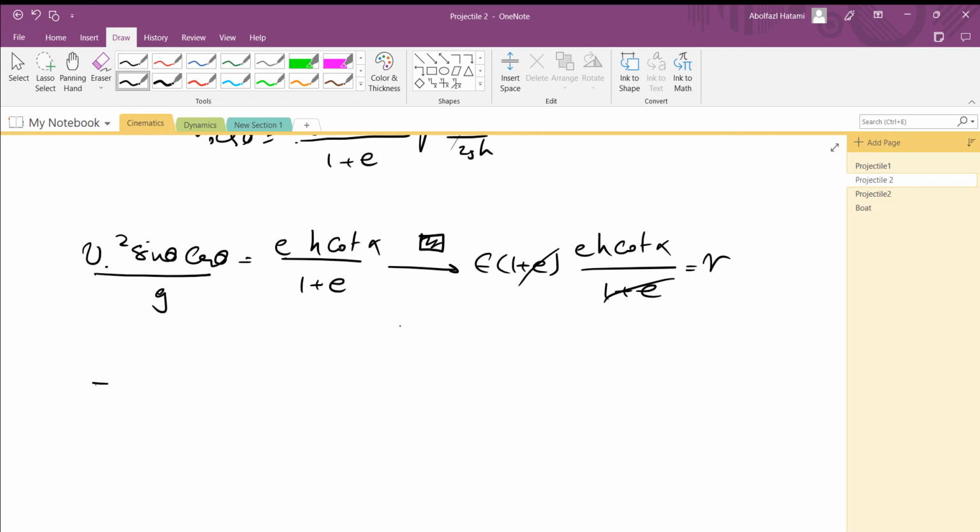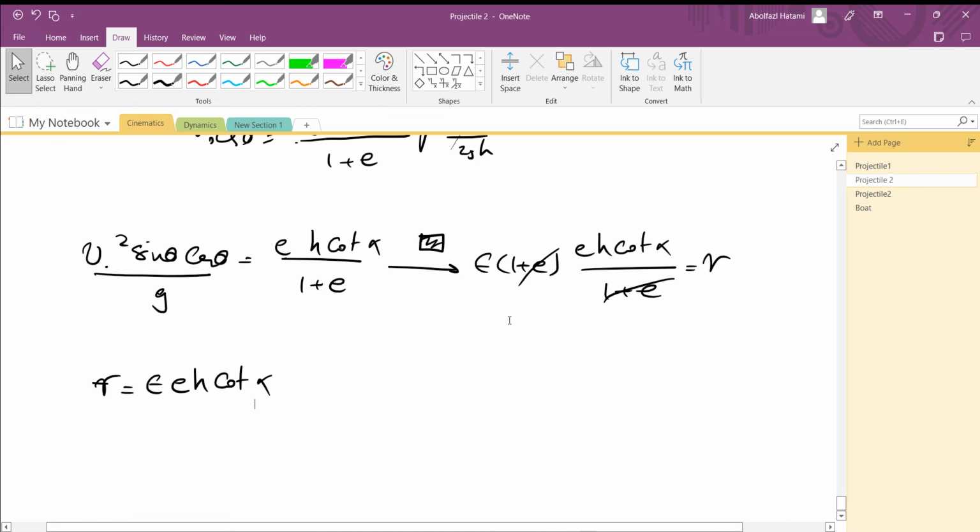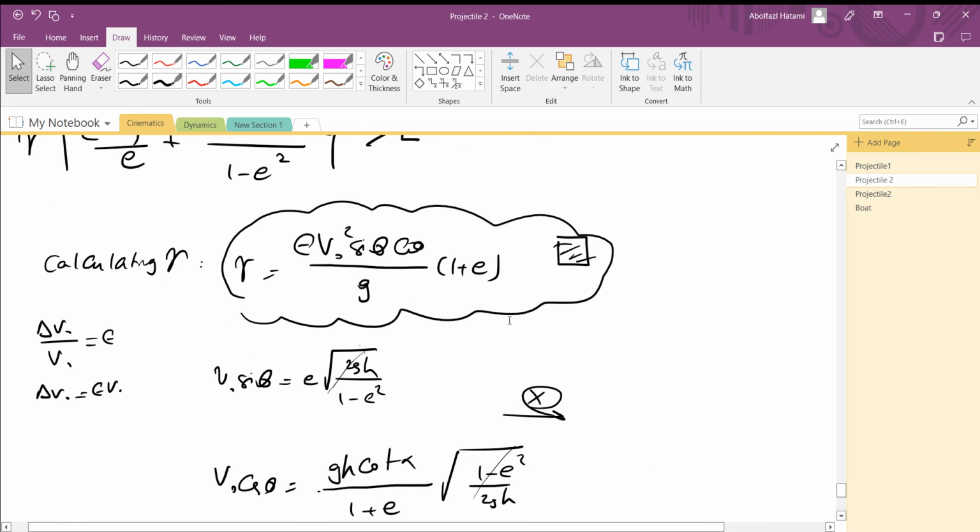Gamma is going to be something like epsilon e h cotangent of alpha, but the problem didn't tell us what is h cotangent of alpha.